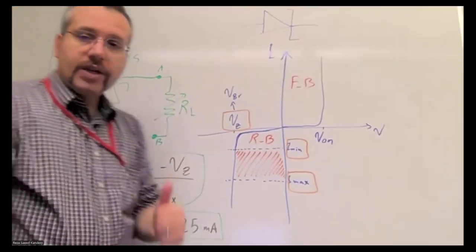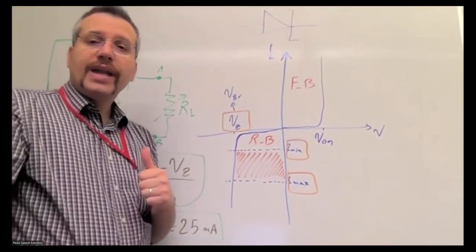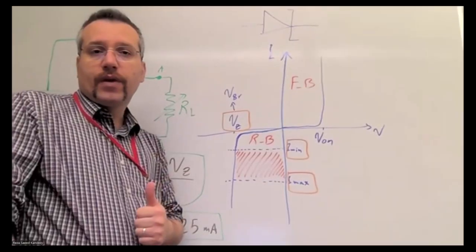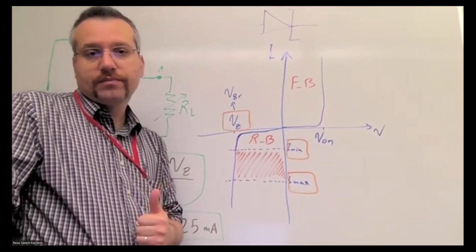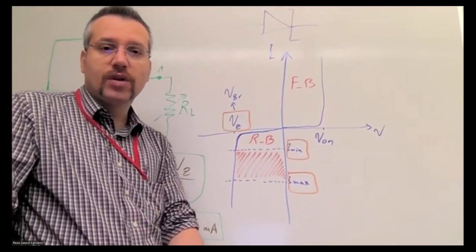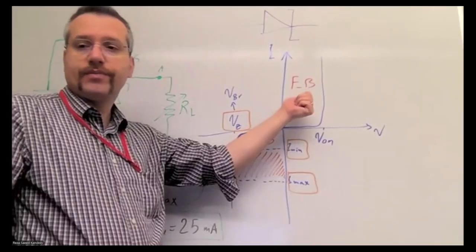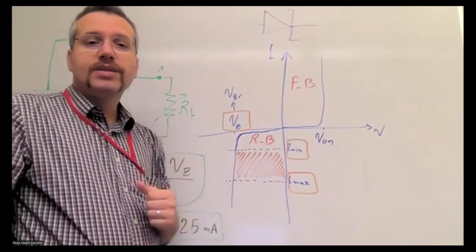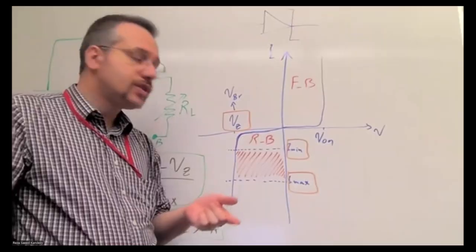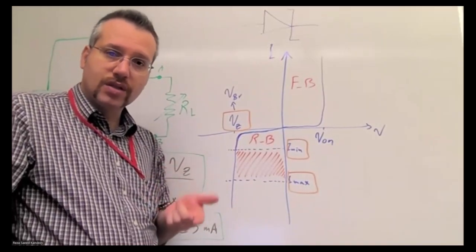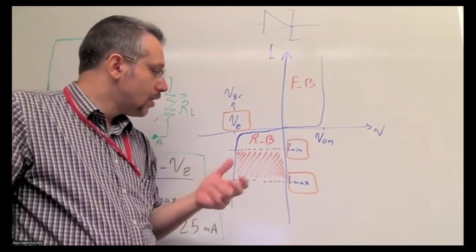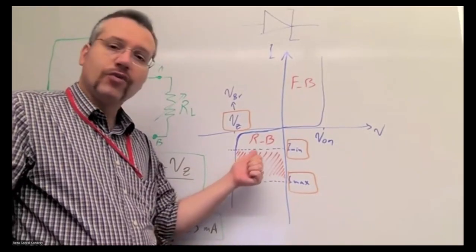Now, the Zener diode and its application is different from the regular diode. Regular diode, we said we wanted to use in forward bias, okay? But the Zener diode, because of its characteristics and because it's used to have a constant voltage, we normally use in reverse bias.